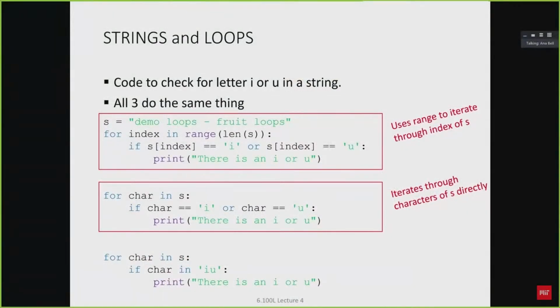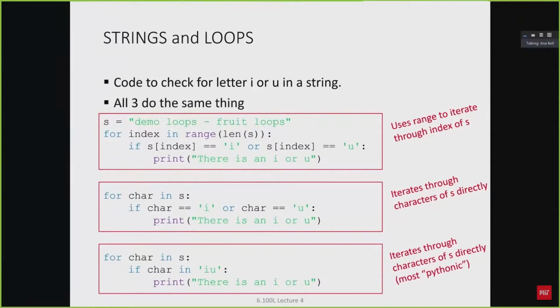And it turns out there's a much more Pythonic way to write the code, in the bottom box down here. In the bottom box, the only part that I've changed is the if statement. I'm using the in keyword to test whether the character that I have in hand, lowercase d, lowercase e, lowercase m, and so on, is in this sequence of characters, I or U. For this case, it's not so important, because in the middle box we could do if char is equal to I or char is equal to U, which is fine.